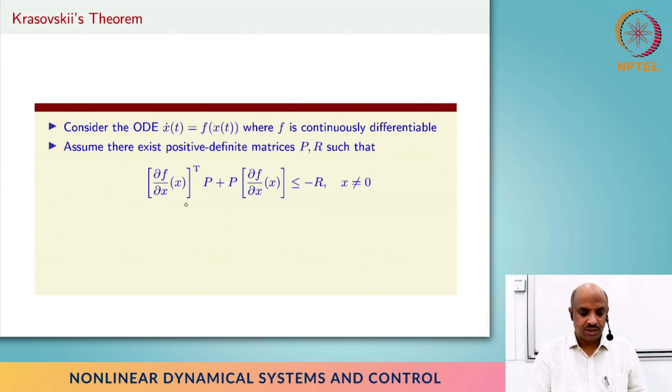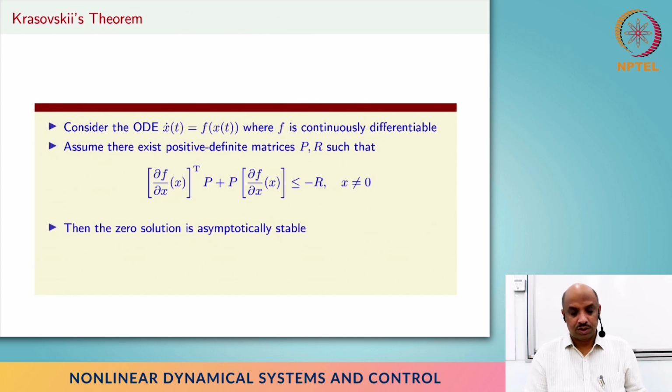So in that sense, for every x, one has to check this particular matrix inequality for positive definiteness. So by the way, how does one check positive definiteness of a matrix? The definition itself is basically that a symmetric matrix M is positive definite if x transpose Mx is positive for all non-zero x.